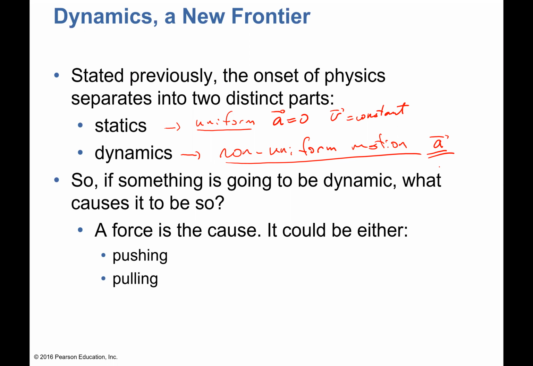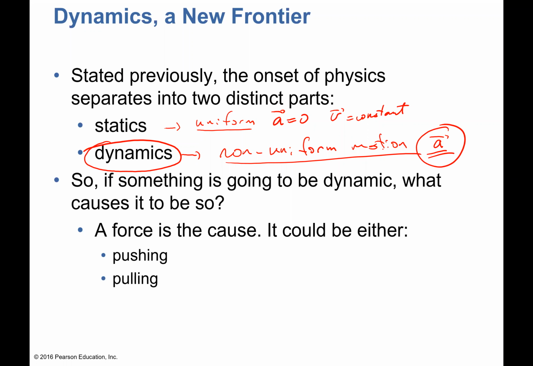The difference here is this. When you talk about dynamics, it adds an extra layer. We're going to be able to understand not only how the object is moving, but why the object is moving the way it does in non-uniform motion. Why is the object speeding up or slowing down? Why is the object changing direction?